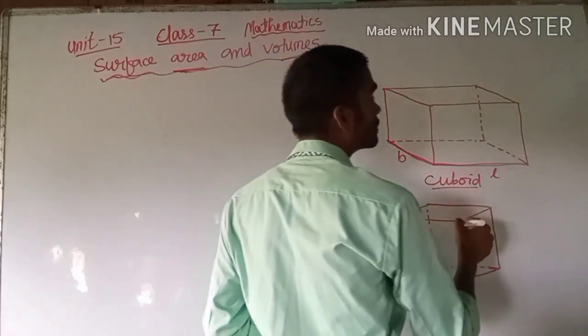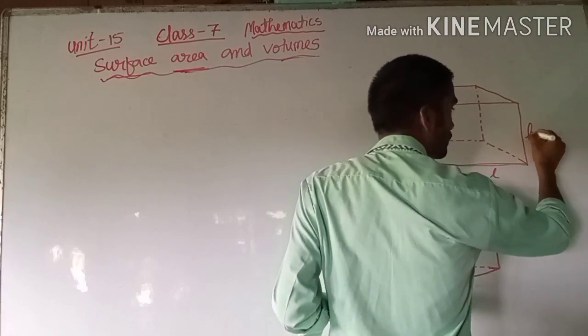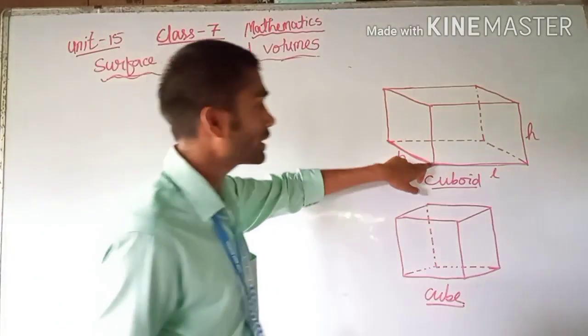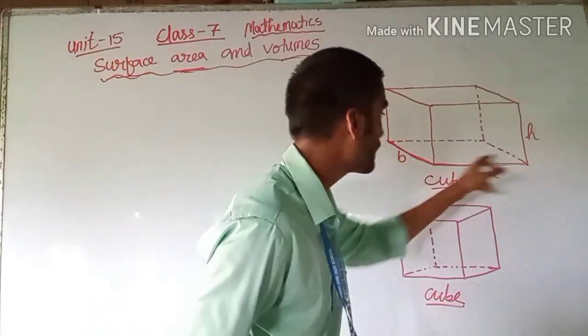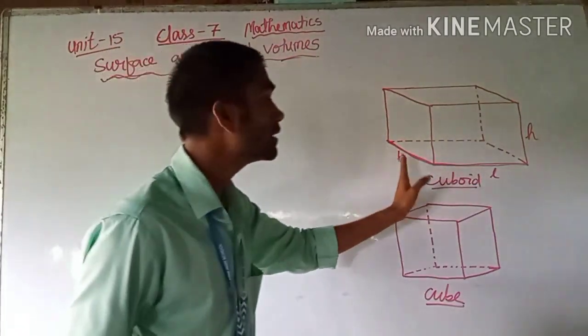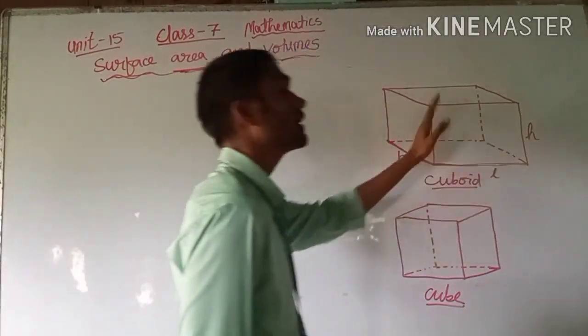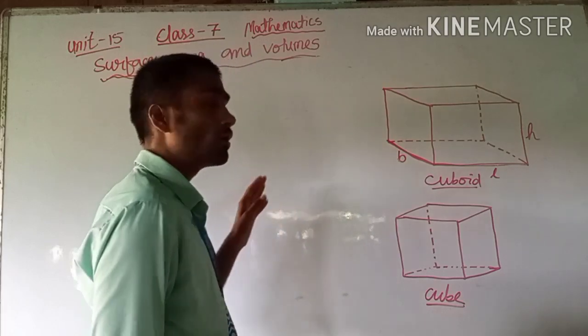Now here we are going to come across height also, that means the height of that cuboid. This is the length and this is the breadth that we already know in the rectangle. But now we are going to come across height also. What is the height of that cuboid or cube?